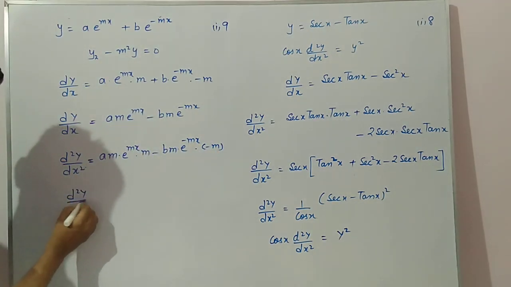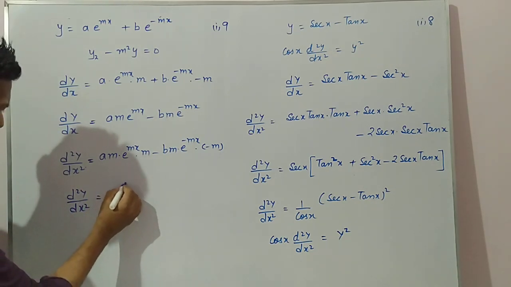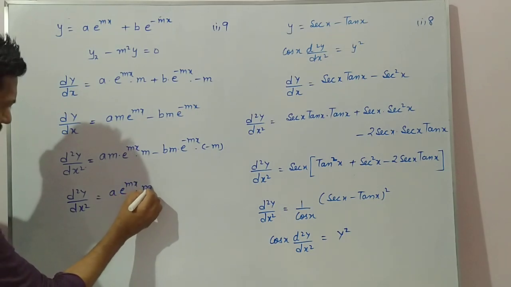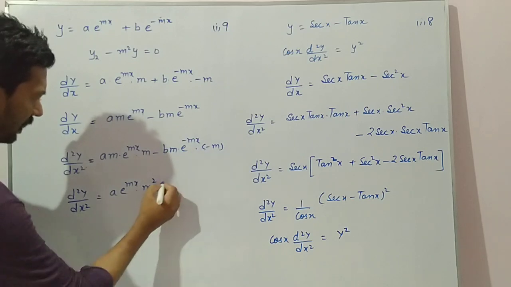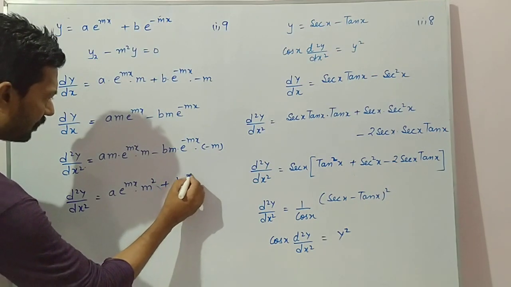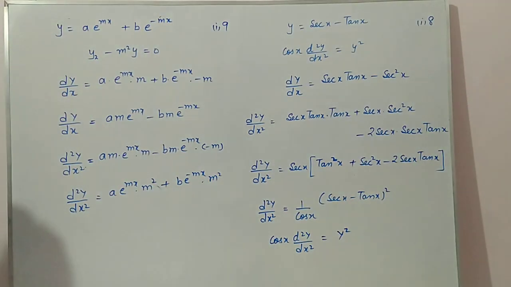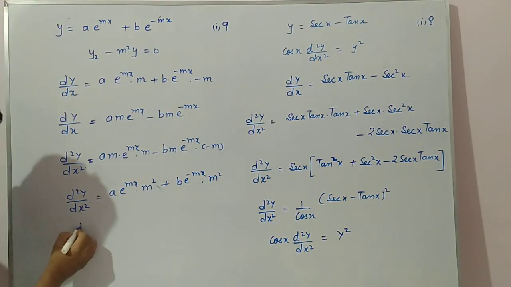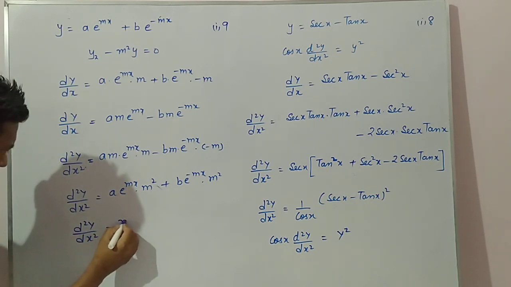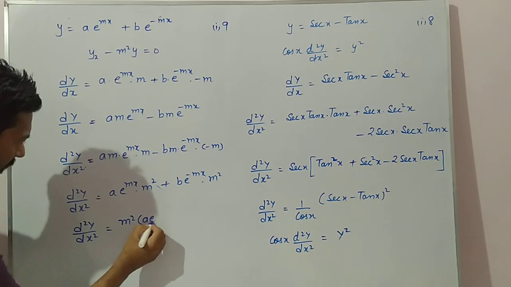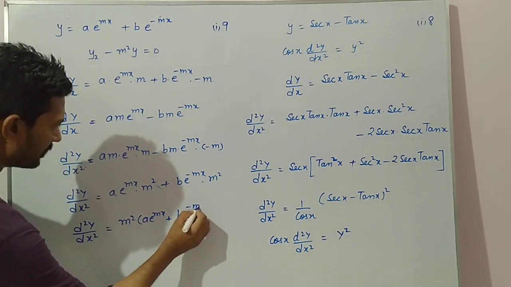So d2y by dx square equals a e to the power mx into m square plus b e to the power minus mx into m square. d2y by dx square, that is m square common, (a e to the power mx plus b e to the power minus mx).